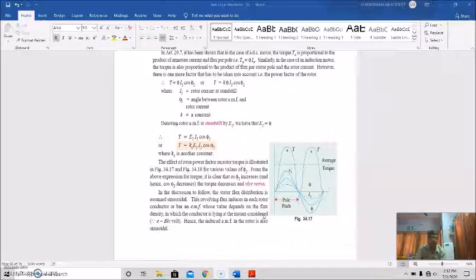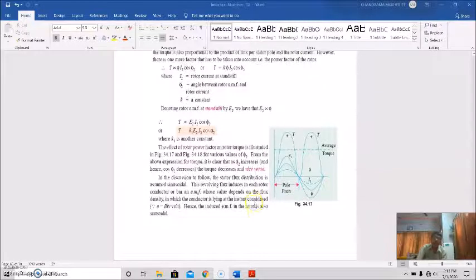From this figure we find that for various values of I2, the effect of rotor power factor on the torque is given at different values of the power factor angle phi 2. It is clear that as phi 2 increases, cos phi 2 decreases, and the torque decreases, and vice versa.